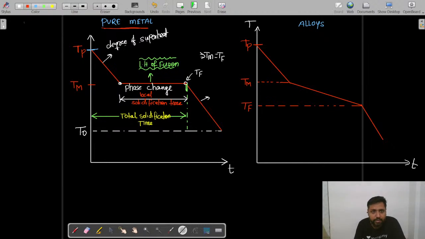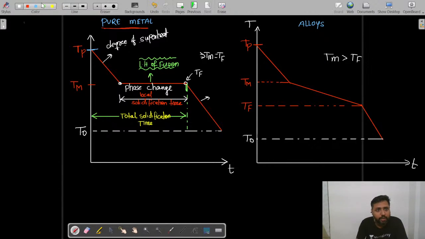And then this is going to be your ambient temperature, that is the room temperature. Yes, dear students, this is going to be your ambient temperature, room temperature. Here you can see Tm will be greater than Tf.